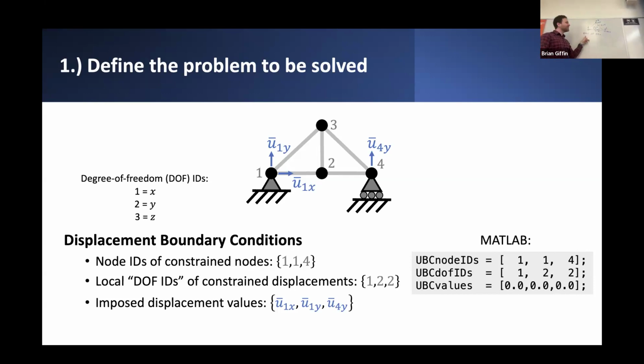If I wanted to know the global degree of freedom ID in this implicit numbering scheme, then basically I could say, well, there are 2 degrees of freedom per node. And essentially I can figure out the global degree of freedom, consistent with this implicit numbering scheme, such that I take those 2 degrees of freedom, multiply by I minus 1, and then plus j.